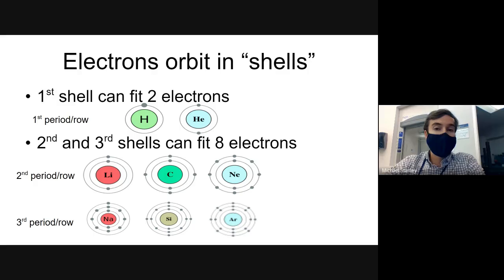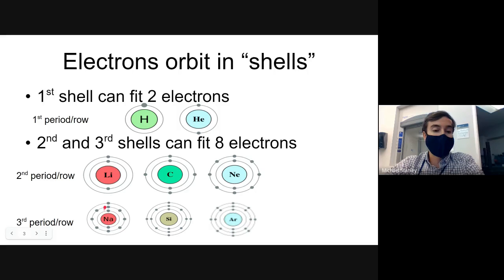Sodium has one more electron than neon. Sodium has an atomic number of 11, which means that sodium has 11 protons and 11 electrons. So we can fit 2 on the first shell. We then have 9 more. So we can fit 8 on the second shell.